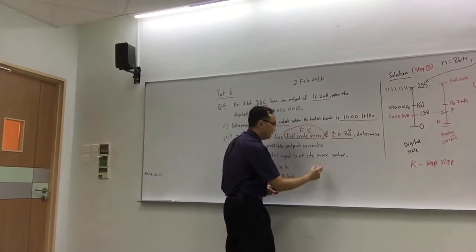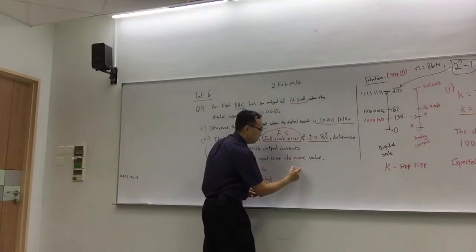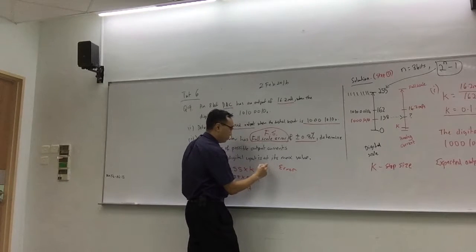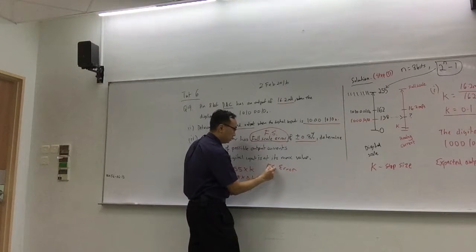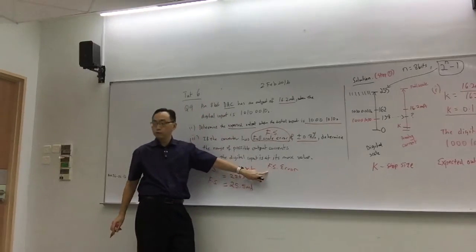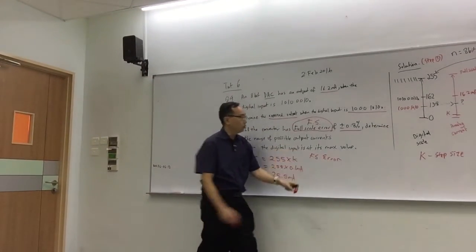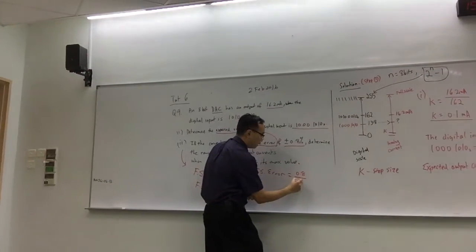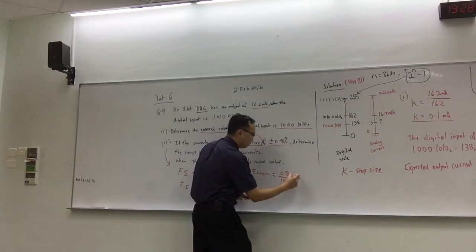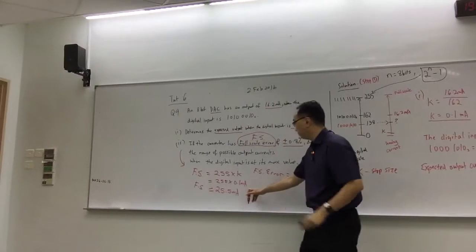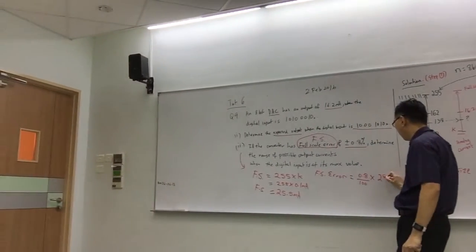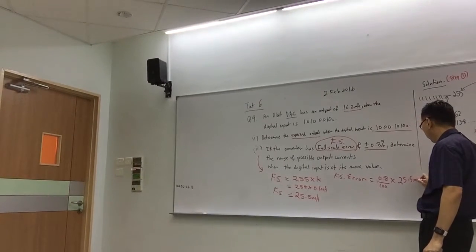Now what do we do then? We need to find out what is this percentage, right? I need to find what is the error, the FS error, full scale error. FS stands for full scale. Full scale error equals 0.8 over 100% times the full scale output, 25.5 milliamp.